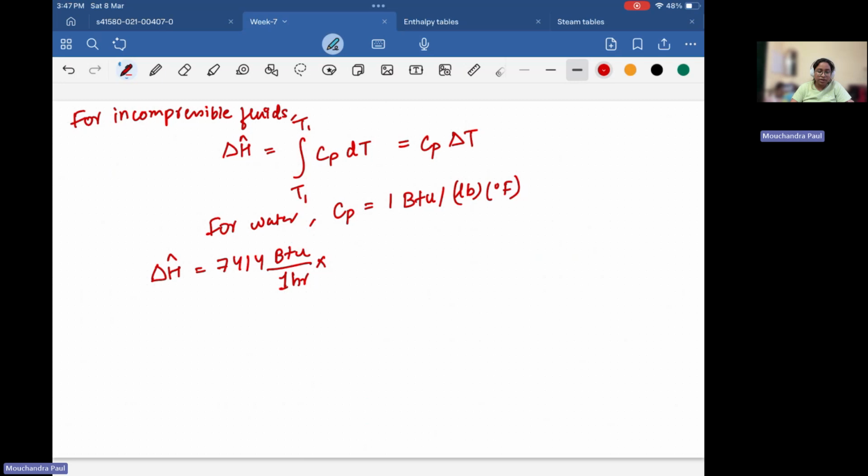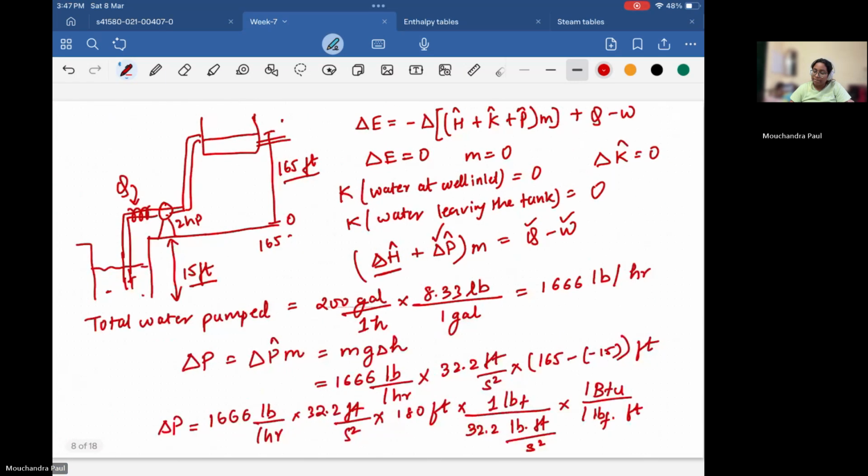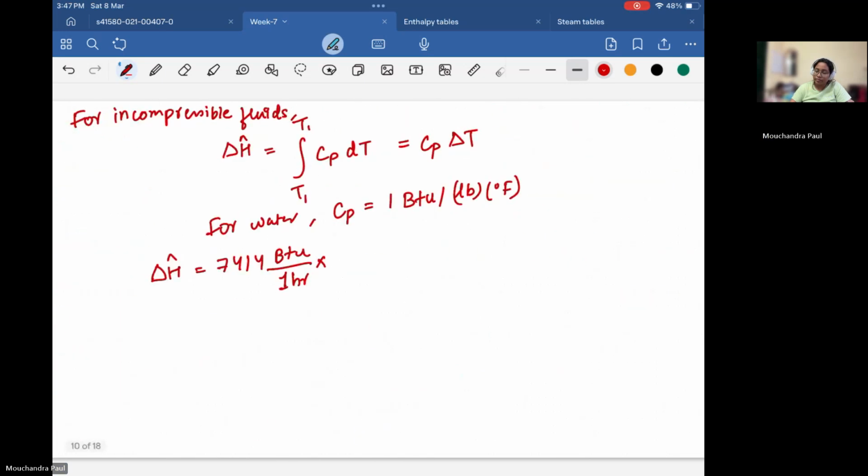Total mass that is going in the water is 166 lb per hour, divided by 166 lb per hour. So this converts the enthalpy value into a specific enthalpy value. Right?